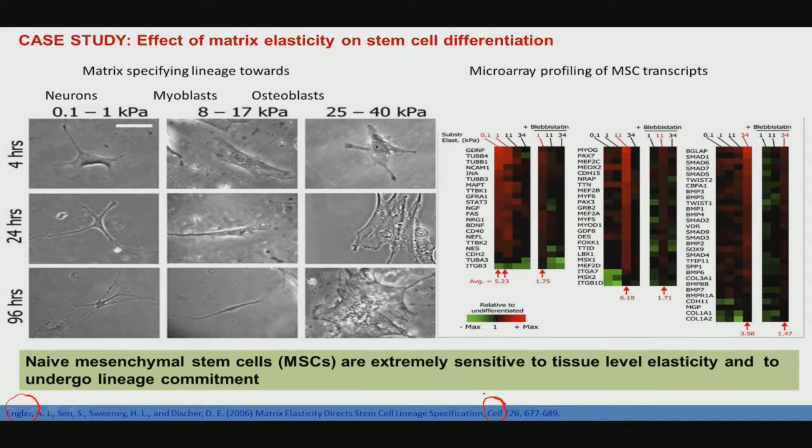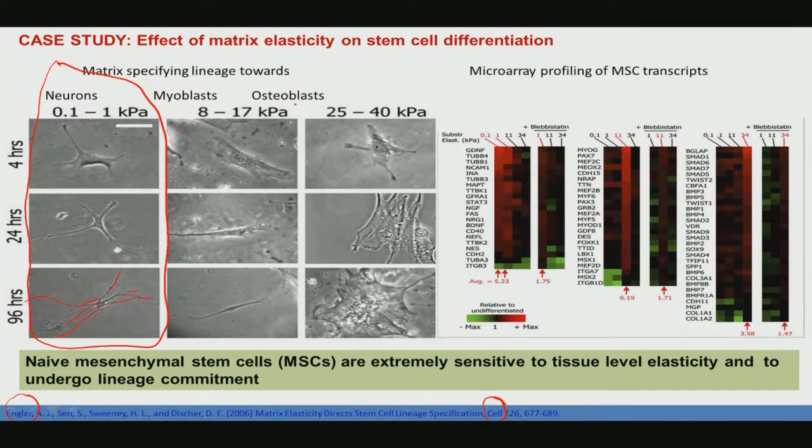Here are some examples. They grew these stem cells up to 96 hours, that is 4 days, on substrates with a stiffness of 0.1 to 1 kilopascal. And you can see, although it is not that clear, in these fluorescence images that the cells take on a very characteristic neuron type of shape.